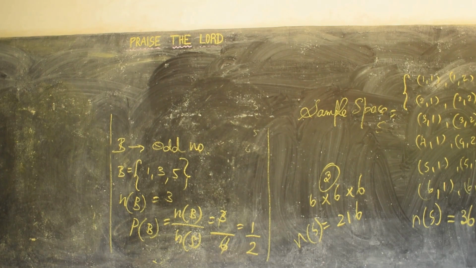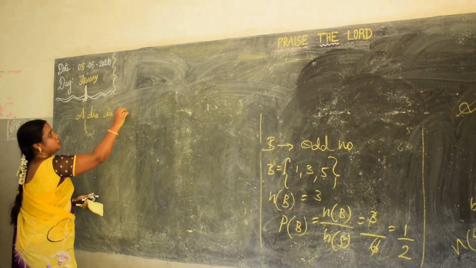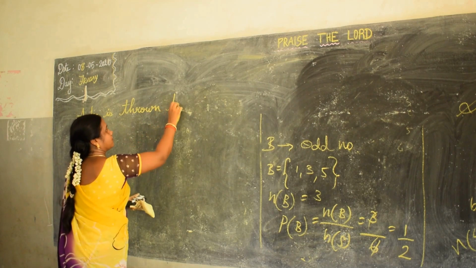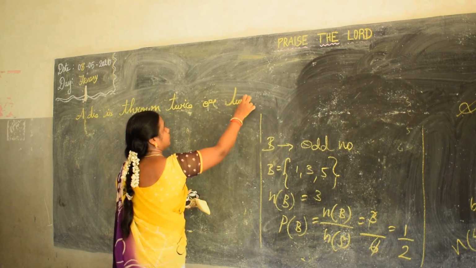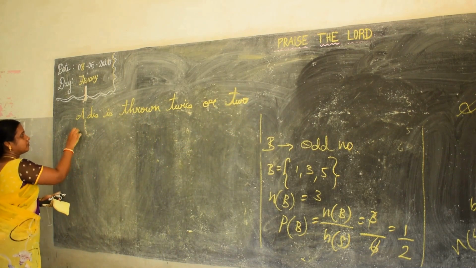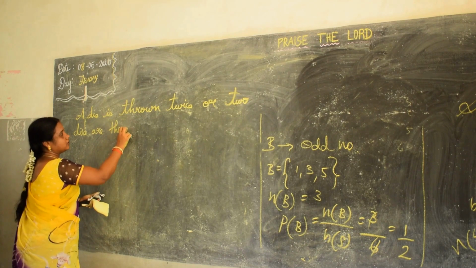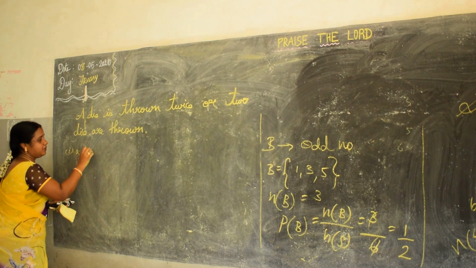Next our question is, see here. A die is thrown twice, or 2 dice are thrown. The question can also be asked like this. What is the probability of getting a doublet?